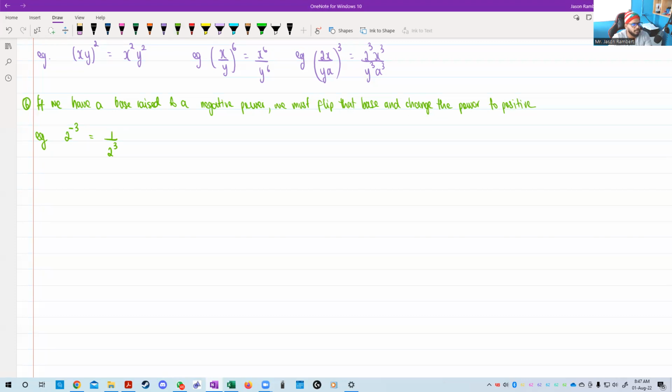Now, some of you will ask, where did 1 come from? Generally, when I have a number, any number, 2, 3, 4, 5, we have some operations involved on this number that we don't write, that we don't see. One of the operations is multiplication.